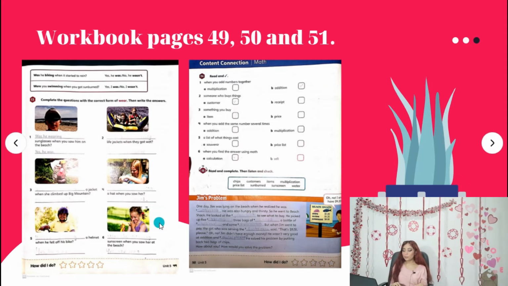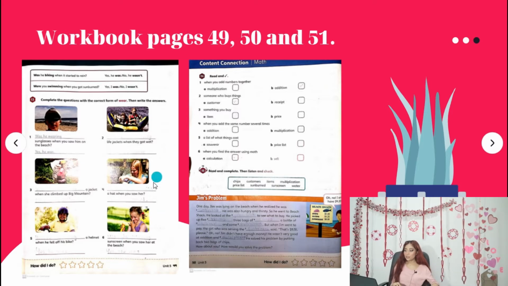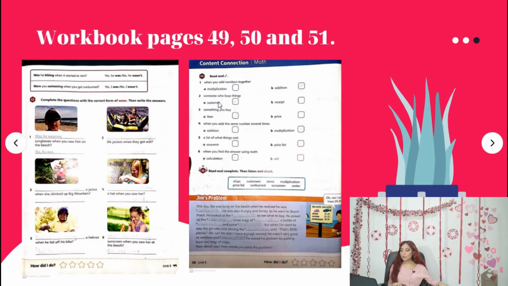So now we can go to page 50 that we have content connection. Activity 14, read and check. When you add numbers together, it's a multiplication or an addition. If you don't know the meaning of these words, there is nothing to explain here.